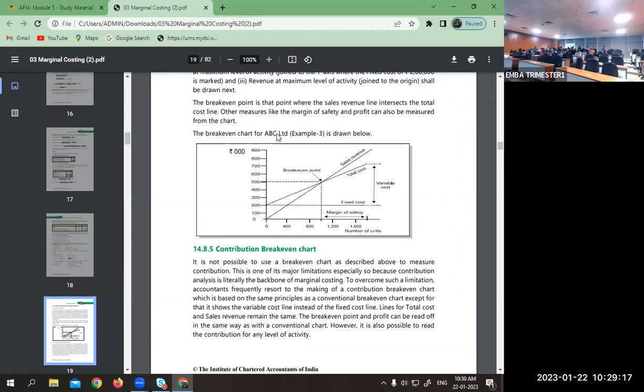When the cost line touches the sales revenue line, if you draw one line down towards the x-axis, that gives you the number of units to be sold for reaching the break-even. If you draw a line towards the y-axis, where it touches the y-axis, that point will tell you how much you have to sell to reach the break-even. This is the graphical representation of break-even calculation.